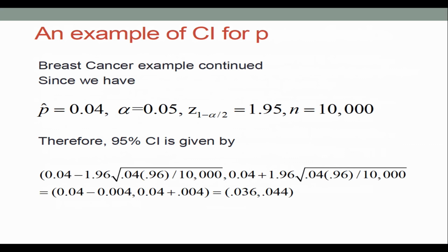Basically this is the point estimate and the confidence interval estimate for the proportion. It's quite similar to the one for the sample mean because the sample proportion actually is a sample mean. The underlying formula is the same, and here we just give you the specific confidence interval estimate for the proportion.